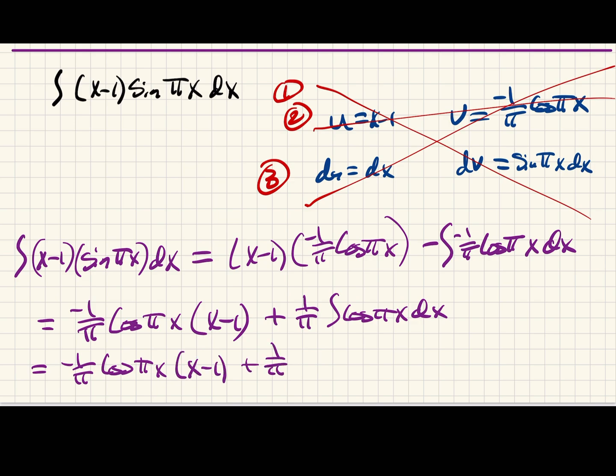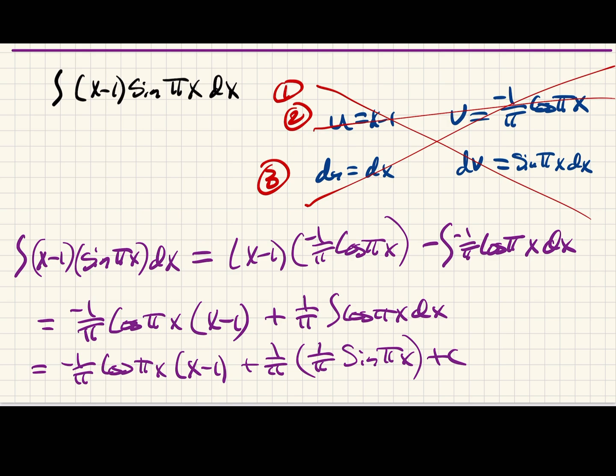Okay, integral of cosine pi x. All right, that's going to be, let's see, integral of cosine is, yeah, positive sine, right? But I still got to deal with that pi x, right? That's going to be 1 over pi sine pi x plus some constant.